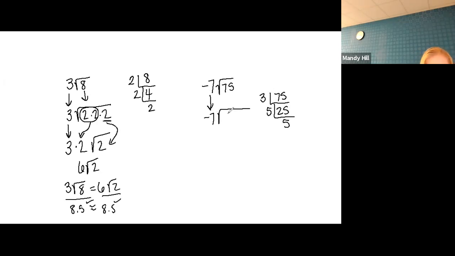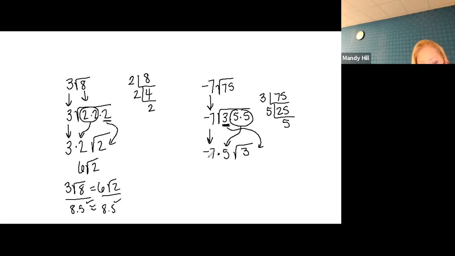So the square root of 75 is 3 times 5 times 5. Bring my negative 7 down. Going to look for any pairs I can see, and I do see a pair of 5's. Okay, and so I can pull one of the 5's out front, and then the 3 that doesn't have a pair is going to go underneath the radical sign.